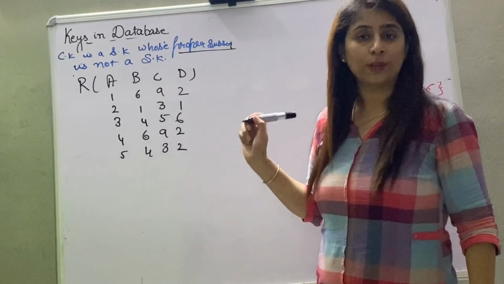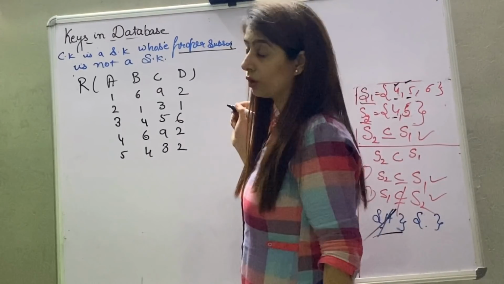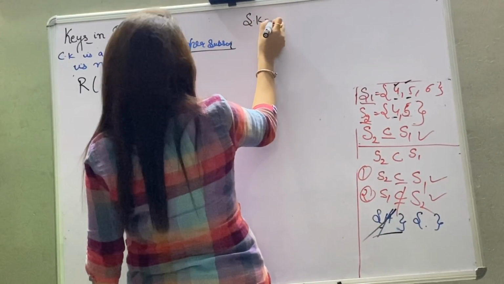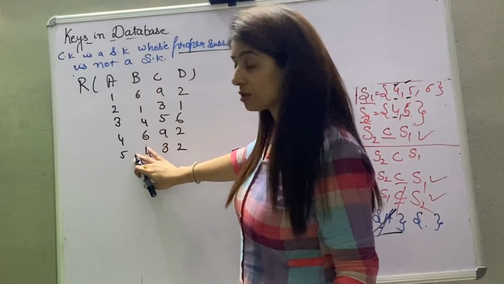First of all, let's make the super keys. You can see A is a super key.